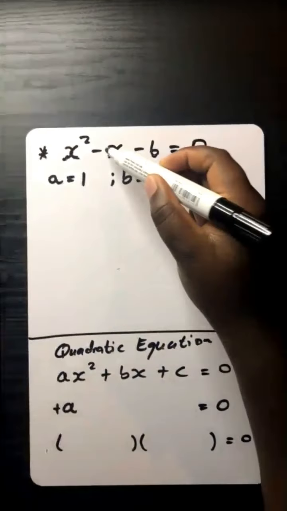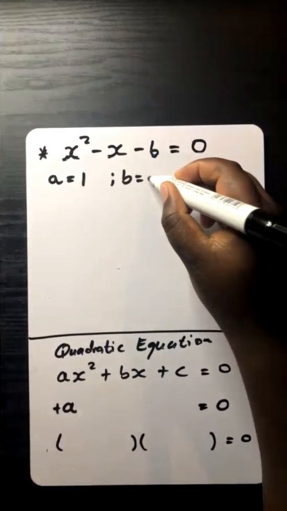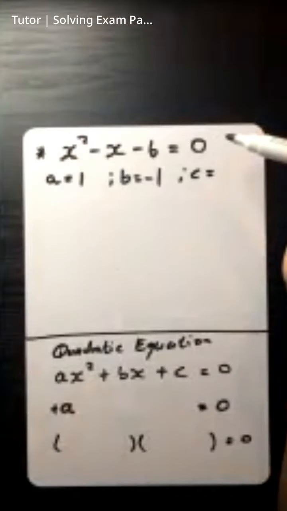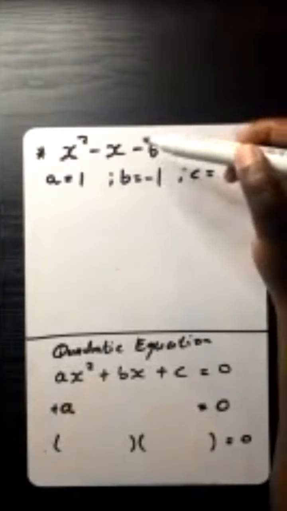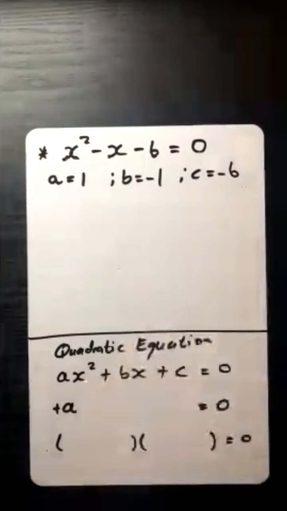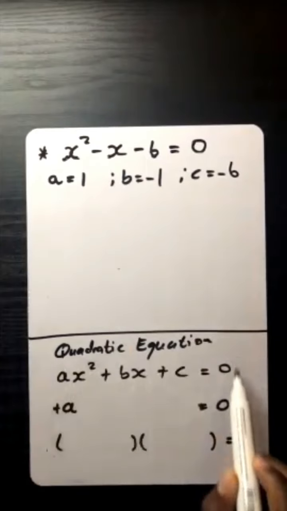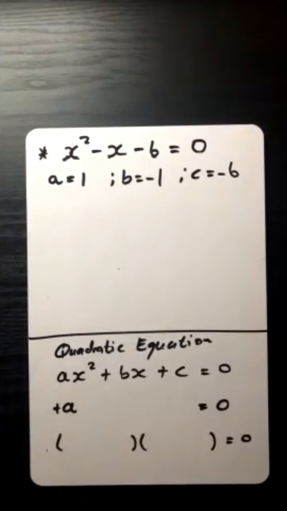What is the value of b? The value of b is -1. So remember, there's a 1 there which is not necessary to write. What is the value of c? It's -6. So that is the reason why we say it has to be in that order for us to be able to say it's in the standard form.